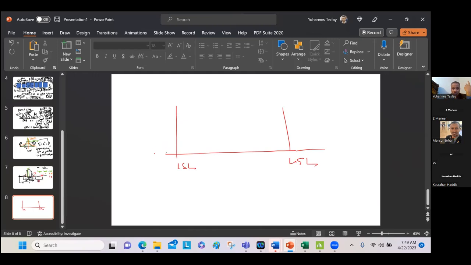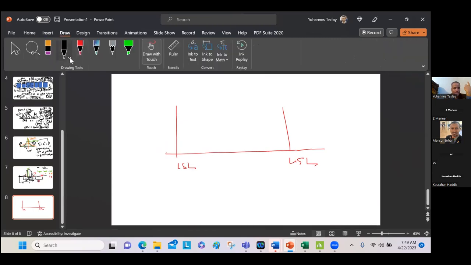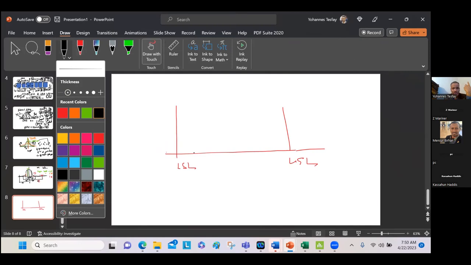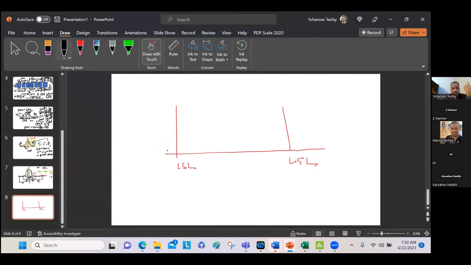If I'm going to produce, suppose this is my production curve, what are my risks? This is risk, and this is again risk.